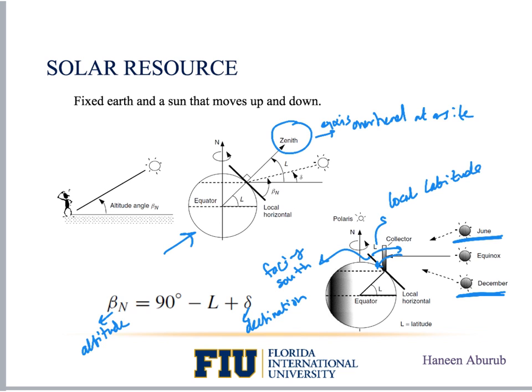The figure here shows clearly the differences between the altitude, the declination, which is the angle between the equator and the sun, and the latitude.